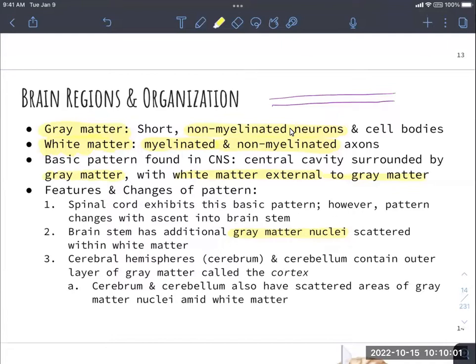Then we have those cerebral hemispheres, which are called cerebrum. Then we have the cerebellum. The cerebellum and the cerebrum have an outer layer of gray matter that is, of course, called our cortex.